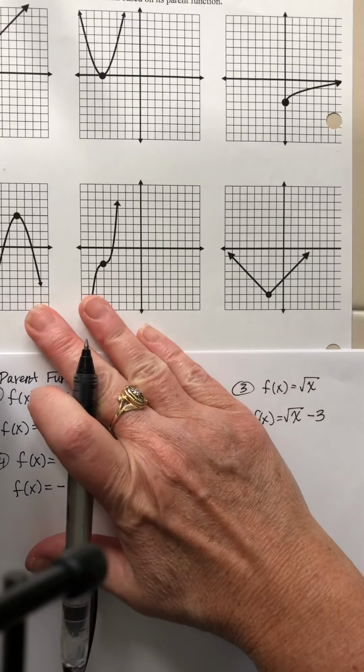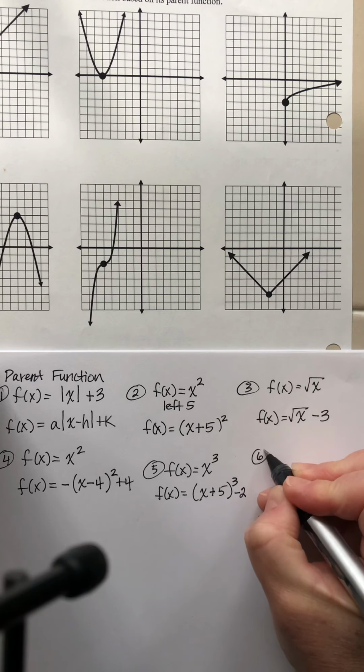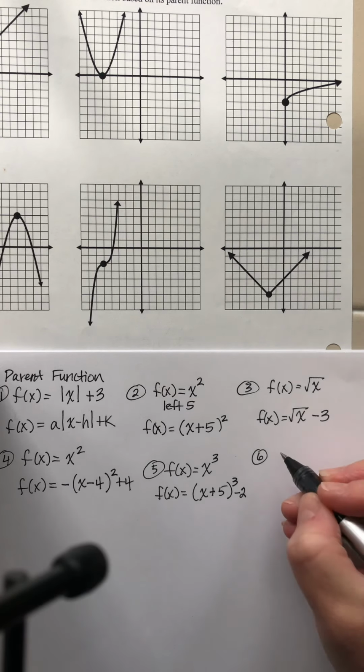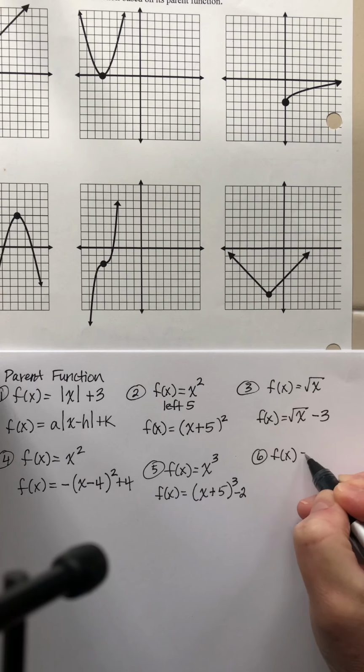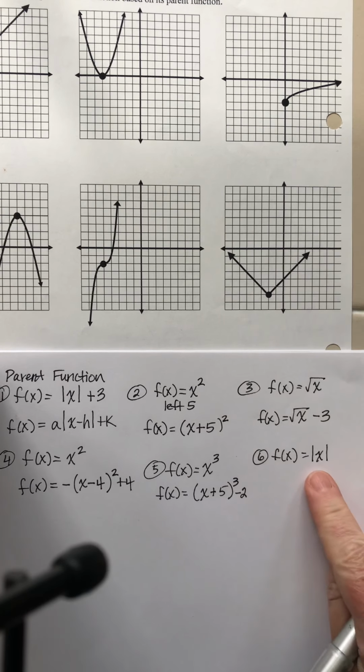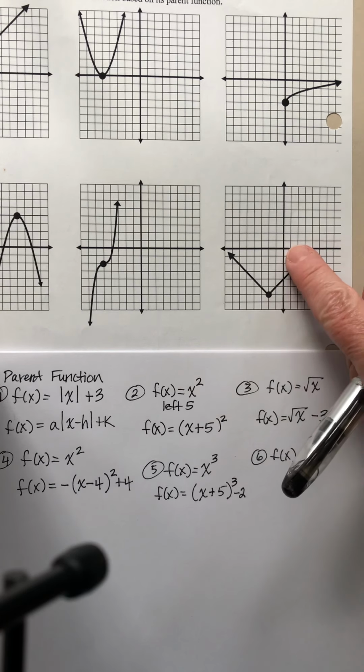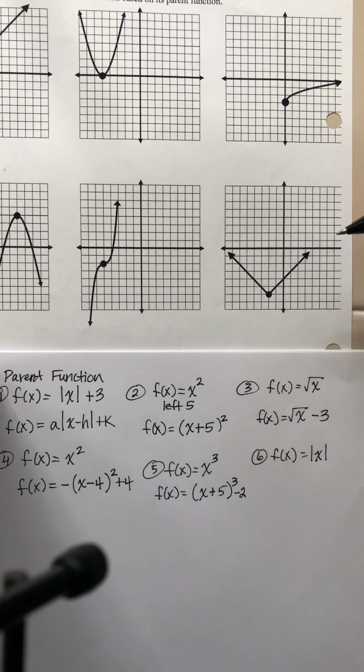Our last one is an absolute value, just like number 1. So I'm going to go ahead and write that. Absolute value of x. I just like to write the parent function down first and then go back and look at what the transformations are. So again, the vertex came from 0, 0. We do a left movement first.